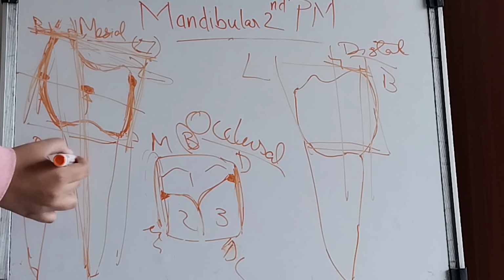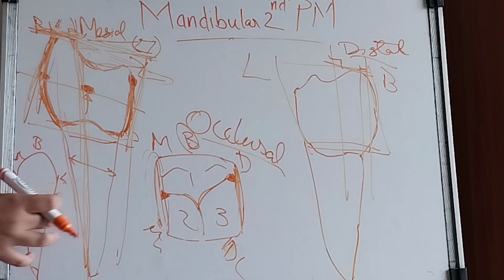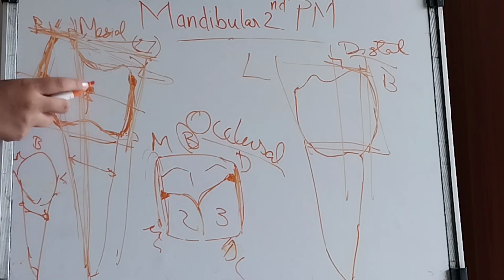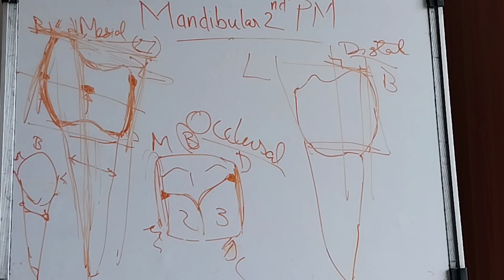It's wider than the buccolingual dimension. And the buccal surfaces are convex and proximal surfaces are flat. When you see this root from the buccal, it's more convex, and here it's more flattened when you see from the mesial aspect.